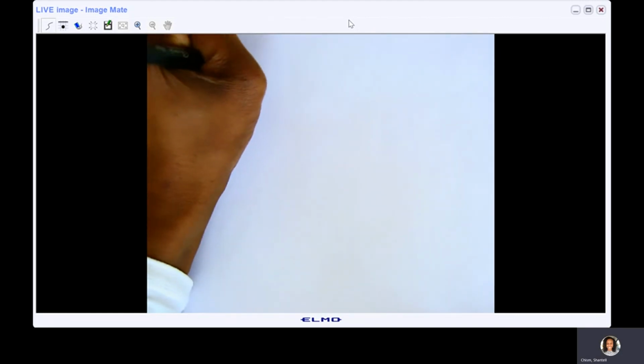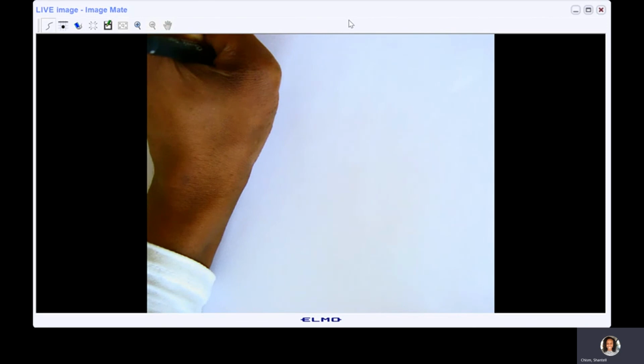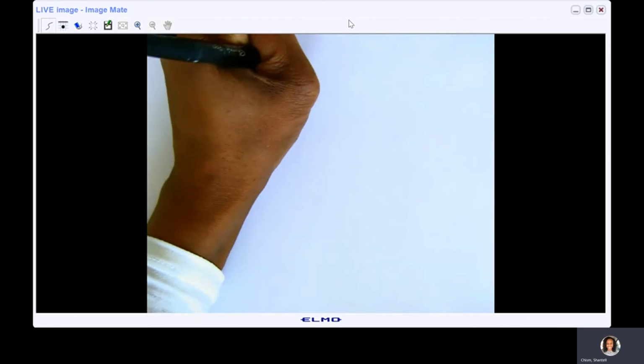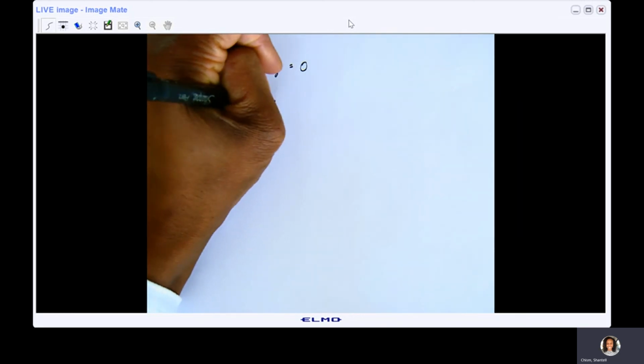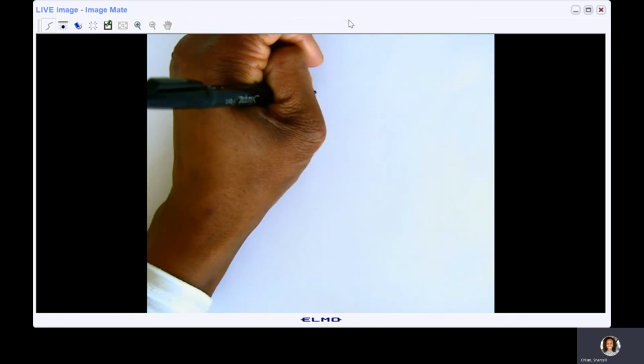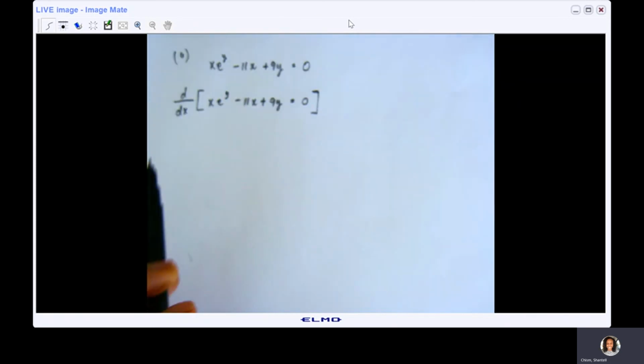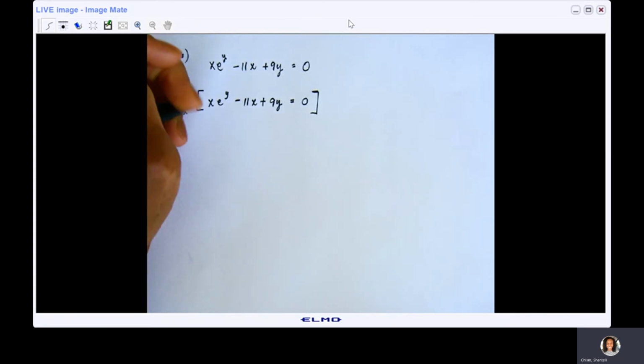This is from my homework, number 6: x e to the y minus 11x plus 9y equals 0. And we are taking the derivative with respect to x of this whole equation. So I'm taking the derivative of each side, the whole thing.